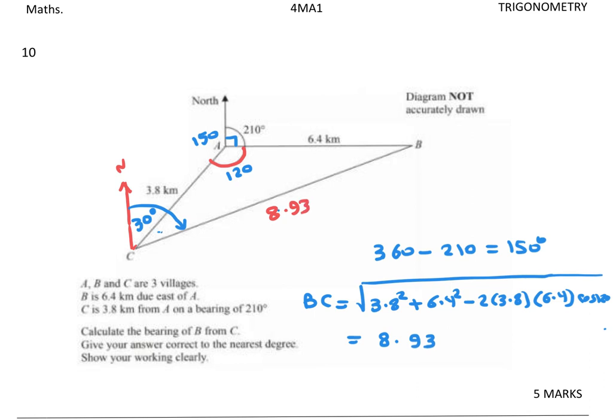Now we can find this angle. If this angle is theta, then using the sine rule, 6.4 over sine theta equals 8.93 over sine 120.